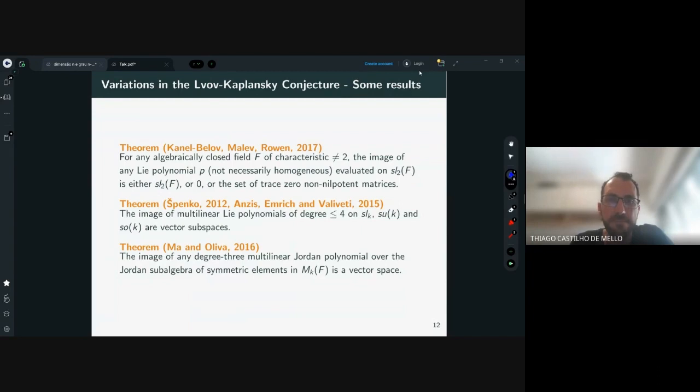For Lie polynomials of degree up to 4, the image is always a vector space when evaluated on trace 0 matrices and these other classic simple Lie algebras. So for polynomials of low degree, it's true. Also for the Jordan algebra of symmetric matrices, here, polynomials of degree 3 have image as vector spaces.